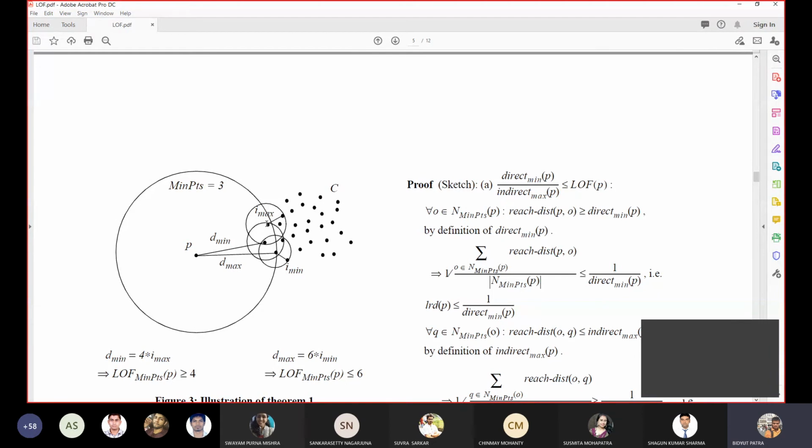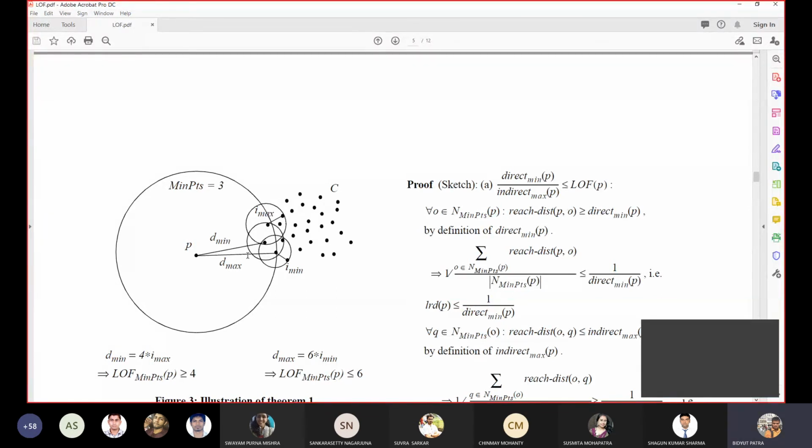So what I wanted to say is, in order to compute whether the point is an outlier or not, first we compute its neighbors, then we compute the neighbors of neighbors, and then we compute the reach distance.